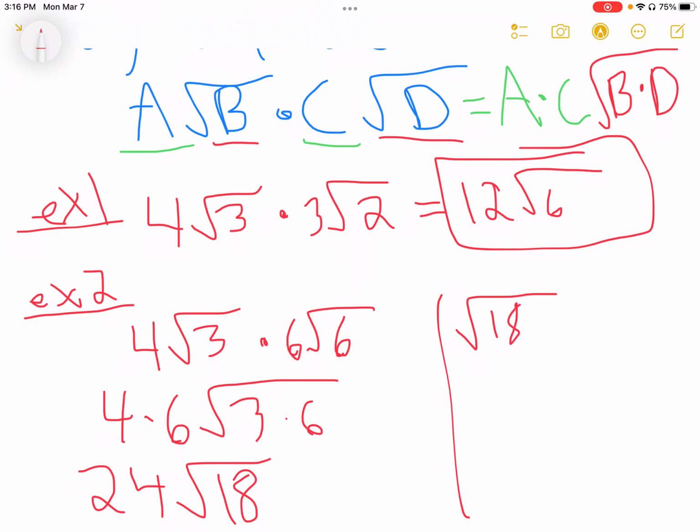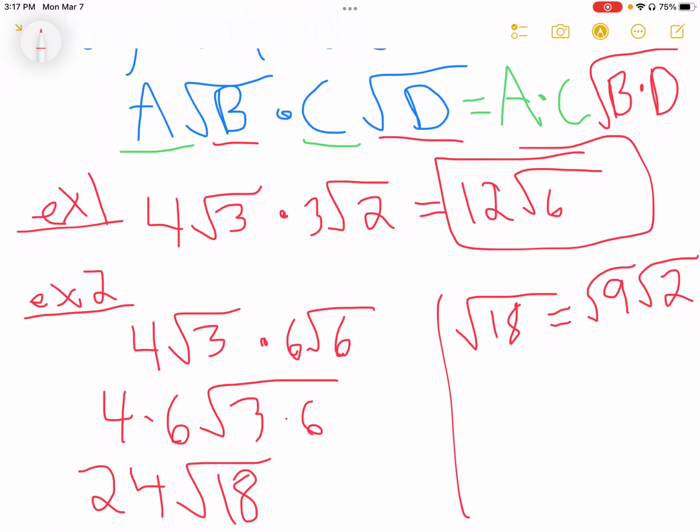But if we have the square root of 18, then we want to think of a perfect square that can go into it. On the top you can see I can always multiply these, but I can basically unmultiply what I've written. So I could write this as the square root of 9 times the square root of 2, because if I multiply those back together, I just get the square root of 18.